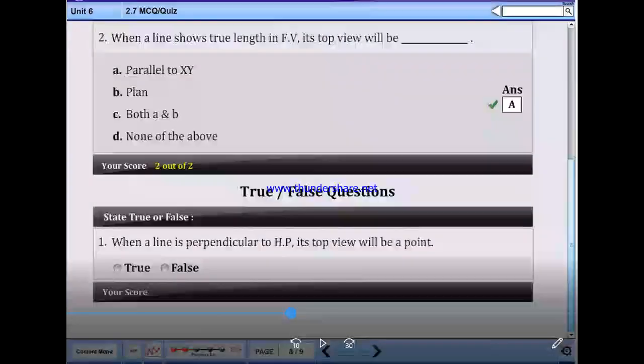Now similarly, you may get true and false questions. When a line is perpendicular to HP, its top view will be a point.